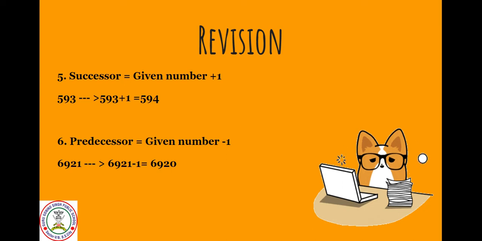The number which comes immediately before a particular number is called predecessor. These are obtained by subtracting 1 from a number. Predecessor of 6921 is 6921 minus 1, that is 6920.